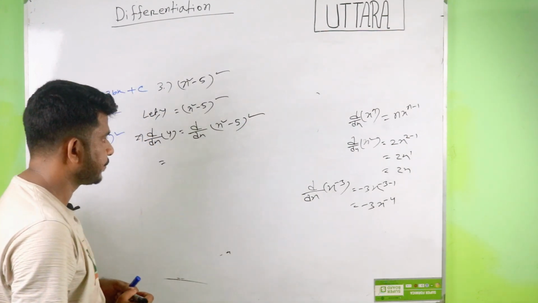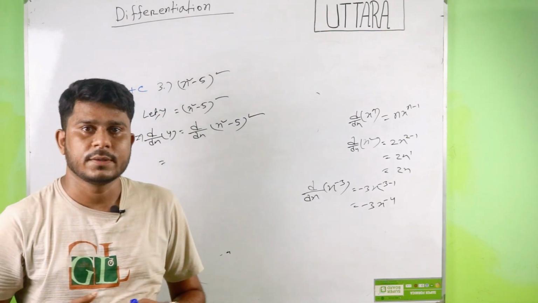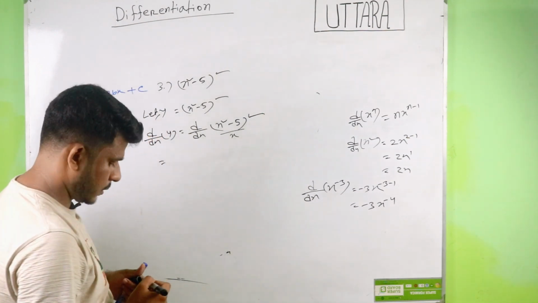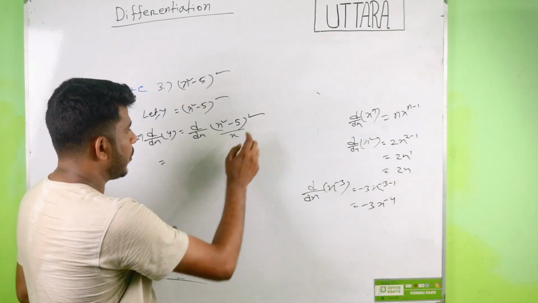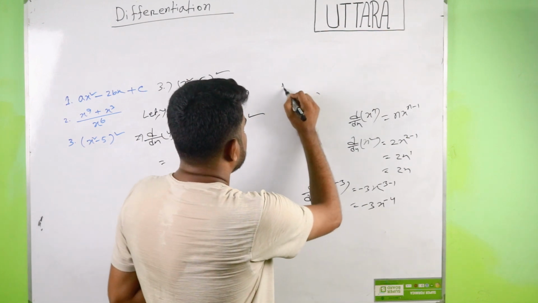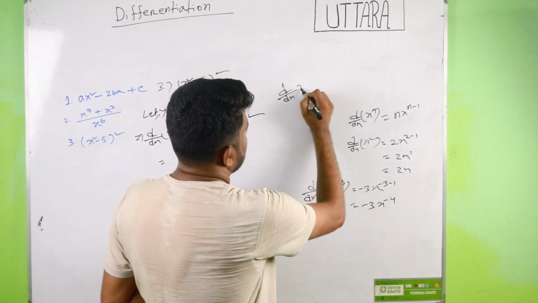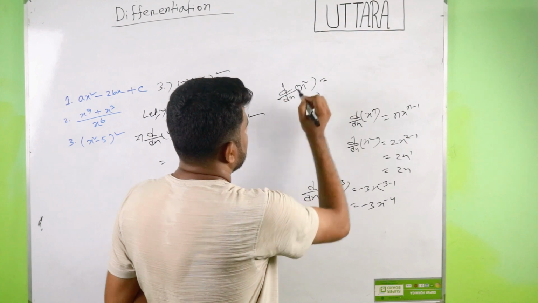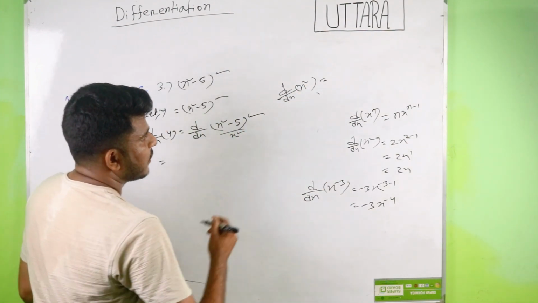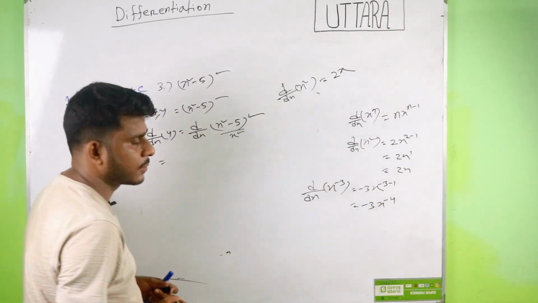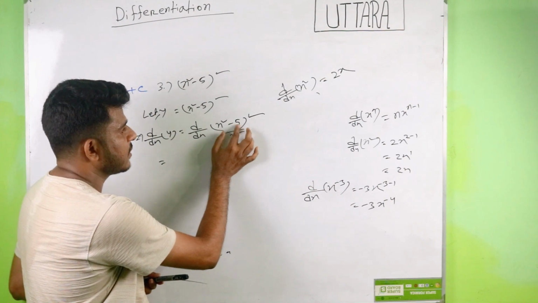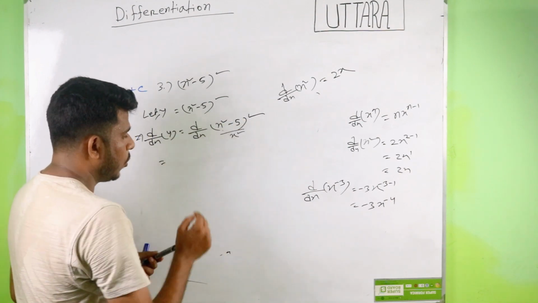First we have to imagine that this whole term is x, and its power is 2. So normally, if we differentiate x square with respect to x, we can write 2x.